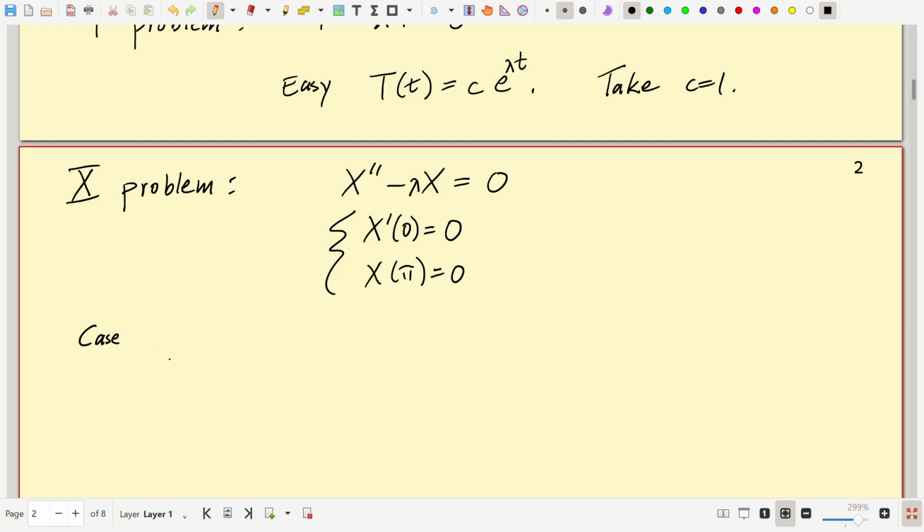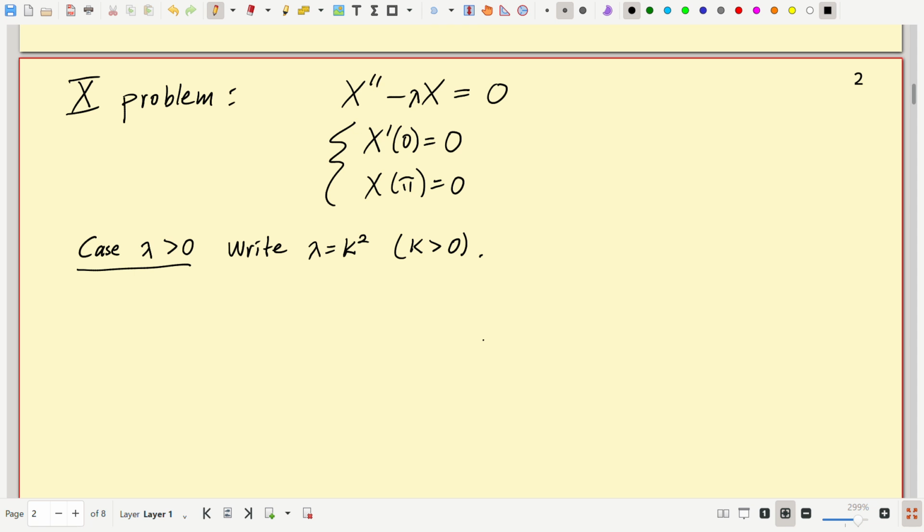Let's do the case lambda positive. If lambda is positive, I'm going to have to take the square root of lambda when I solve the ODE, and I don't want to write square root over and over again. So I'm going to take lambda equal k squared, where k is some positive square root.